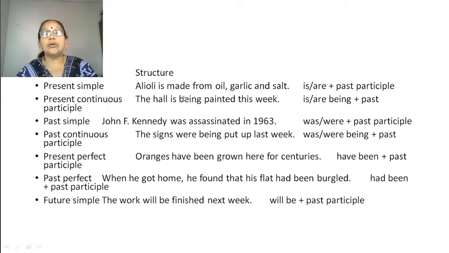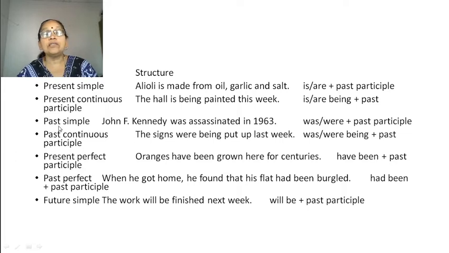Okay, alloy is made from oil, garlic and salt. In simple present, it is is or are plus past participle. Present continuous: the hall is being painted this week. So in this, the structure should be is and are being plus past participle.